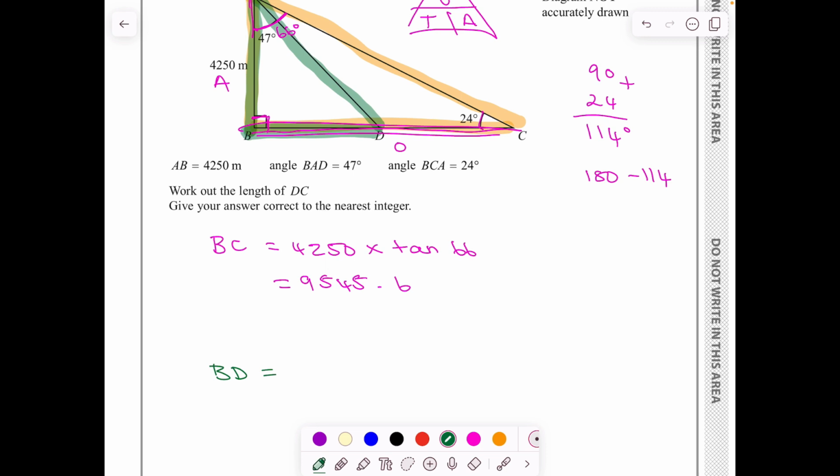I'm now only using this angle here, the 47. So that's still the opposite. And the 4,250 is still the adjacent. So we're using tan again, and we're going to multiply. So we're going to do 4,250 multiplied by tan 47.